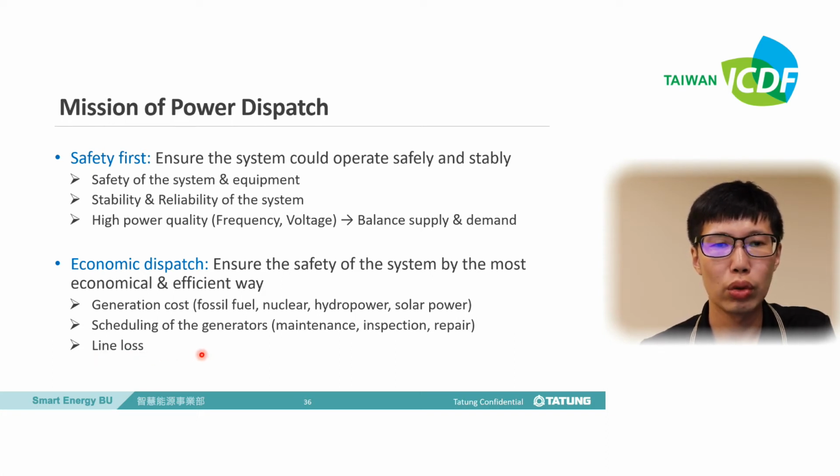So maybe the operator will choose another generator B. The generation cost of generator B may be higher, but if the distance between generator B and the load is shorter, then the line loss can be smaller. So finally, the operator may choose generator B rather than generator A.